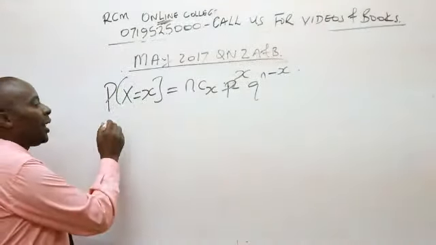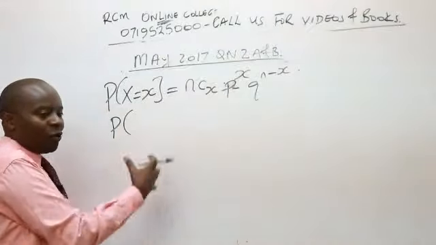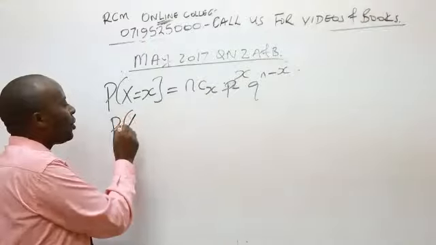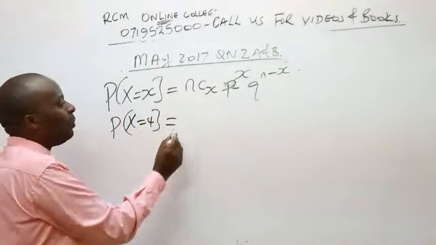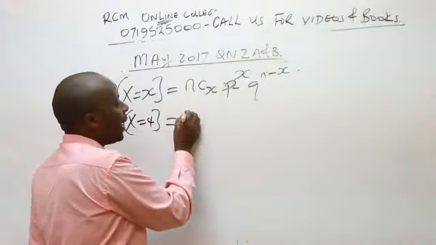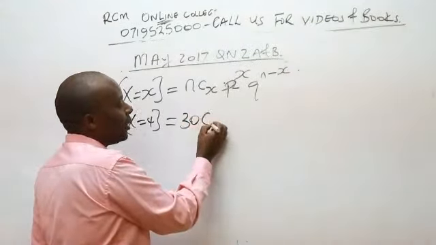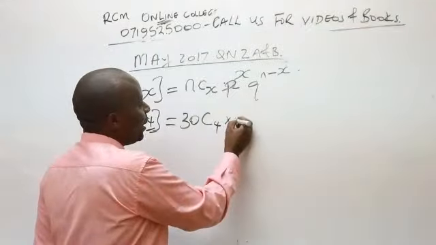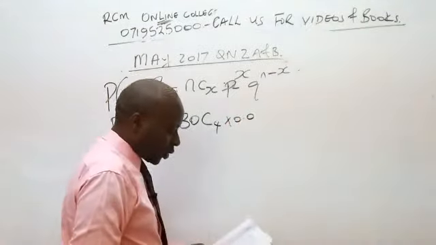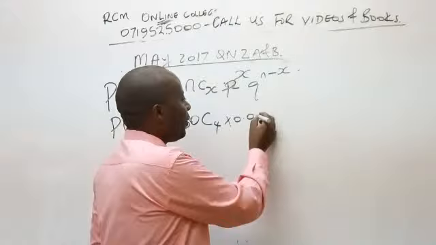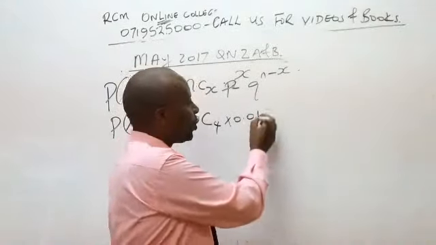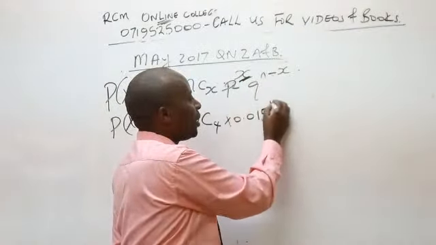I'm moving quite fast because I know you have become accustomed to this. The probability of x being equal to 4 will be equal to n, which here is 30, combinations x, which is 4, times the probability of success, 0.015, raised to x, which is 4.